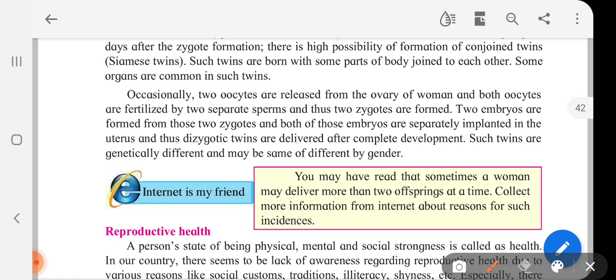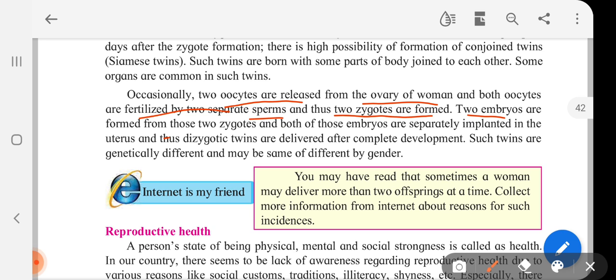Occasionally two oocytes are released from the ovary of a woman and both oocytes are fertilized by two separate sperms, and thus two zygotes are formed. Usually it's only a single oocyte which is released by the ovary of a woman and a single sperm fertilizes it. But sometimes in some women, two oocytes are released, and two separate sperms fertilize those two oocytes and we get two zygotes.